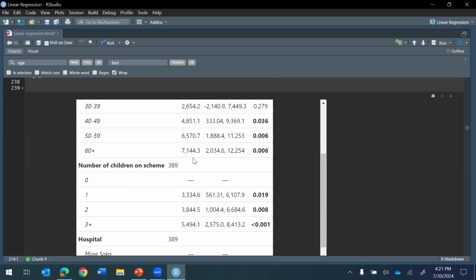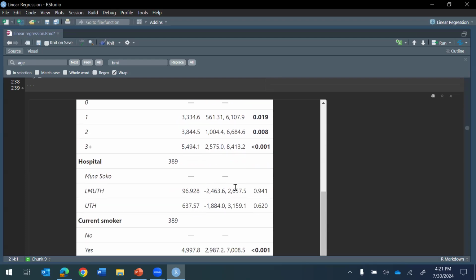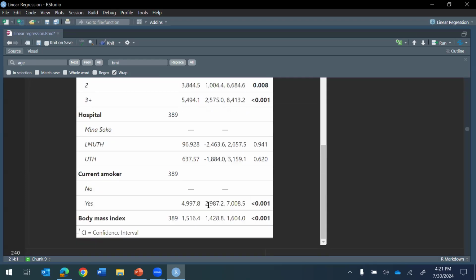I'll come and explain this to you in a little bit more detail. Depending on the hospitals, whether someone went to Mainasoko, Levi Mwanawasa, or UTH, there wasn't any statistical difference in that regard. But there was a statistical difference if someone was a smoker, by almost 5,000 in their medical expenses.